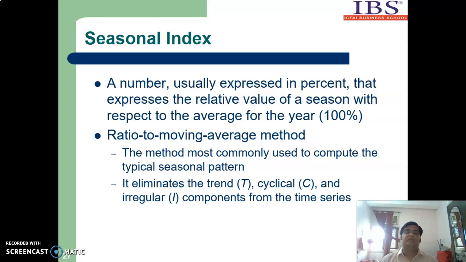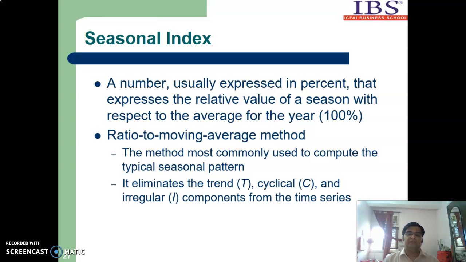Fundamentally, in this method we eliminate the components T, C and I, so we are left with the seasonal index. So from the data, first of all, part 1, we will create a seasonal index. I will discuss in detail, taking our data, how to create this index.